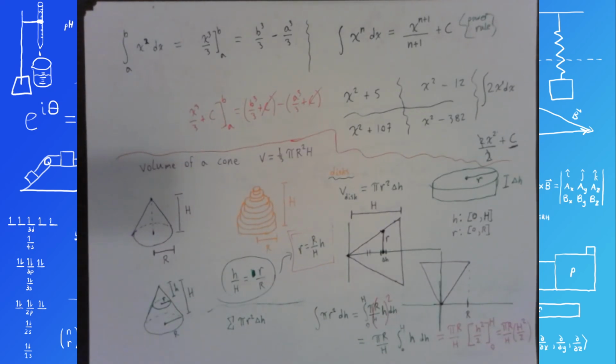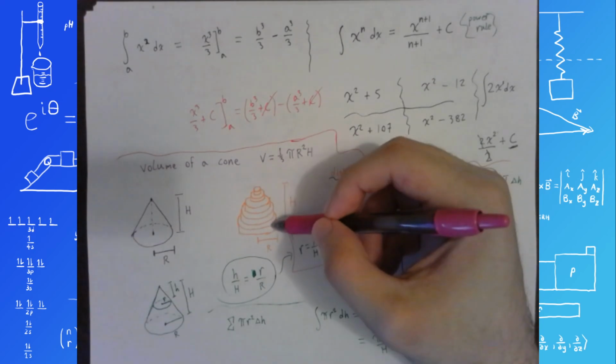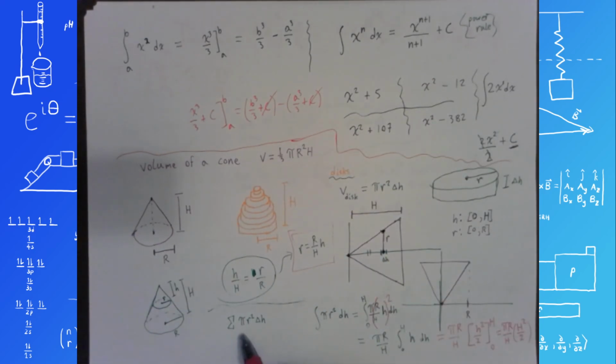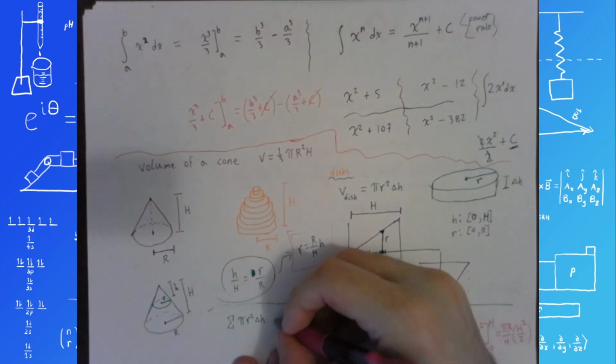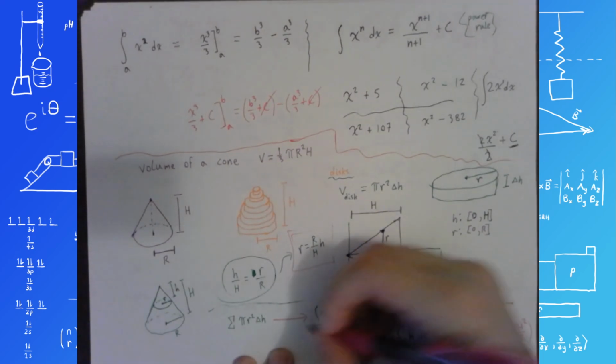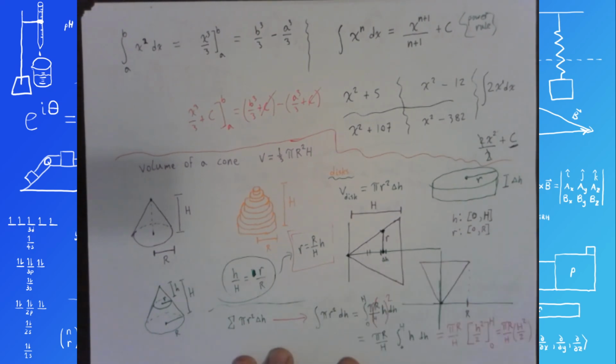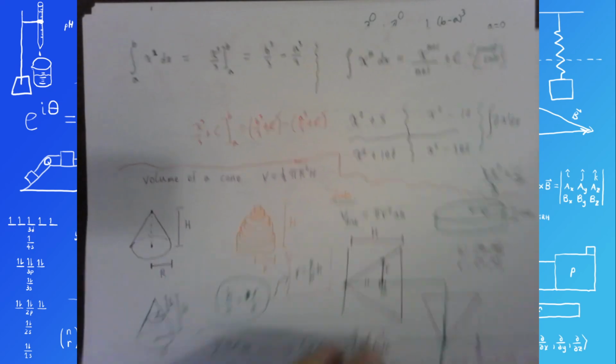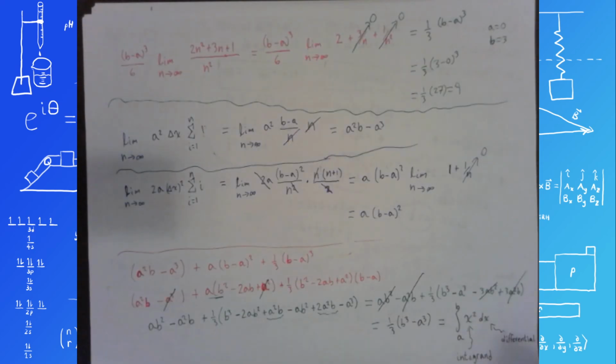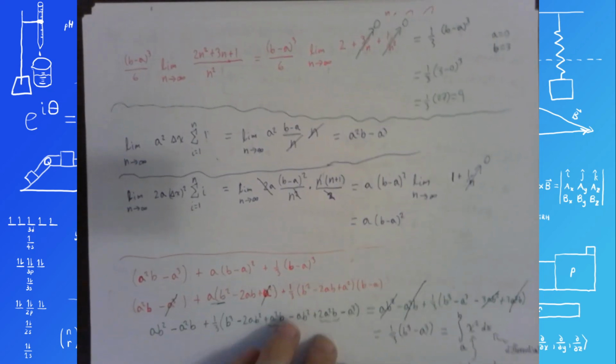I skipped the phase where we actually set up an approximation. I just wrote an incomplete summation over here and basically implied that it leads to this. I hope you can see that from, I think I showed it last time, did I not?